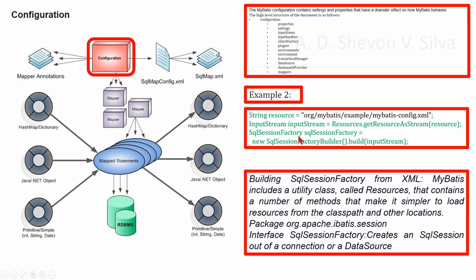This is in the package org.apache.ibatis.session. Every MyBatis application centers around an instance of a SQL session factory. A SQL session factory instance can be acquired by using the SQL session factory builder.